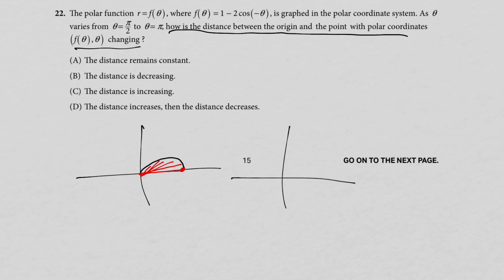Then there are curves that do the opposite, where it starts off close and it gets bigger as it goes along. I think of it as spiraling in versus spiraling outward.